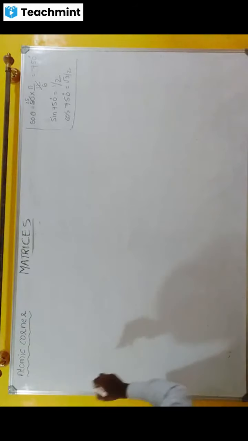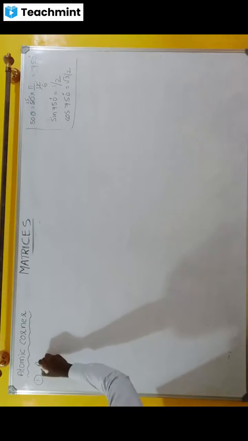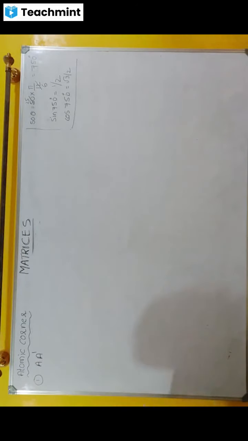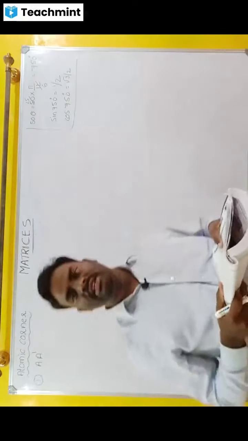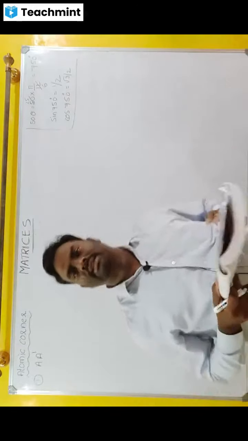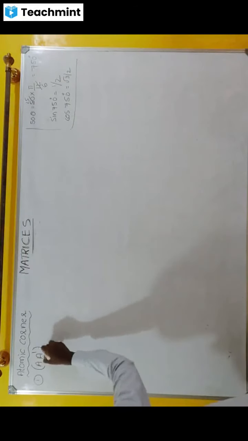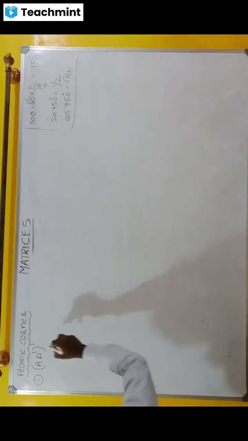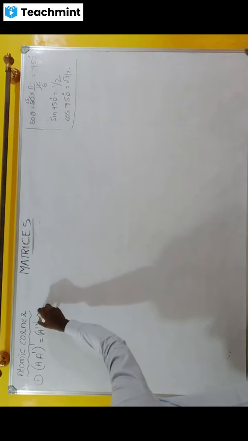First question. For any square matrix, A into A dash is which type of matrix? I am finding A into A dash whole dash. This can be written as A dash whole dash into A dash.